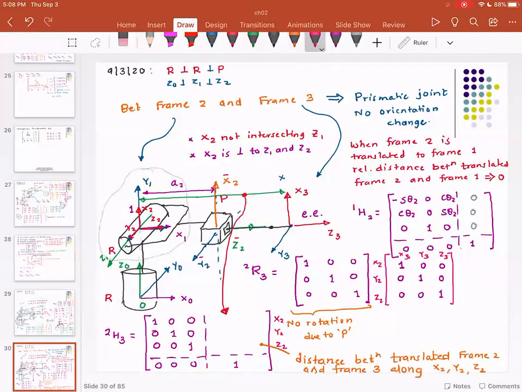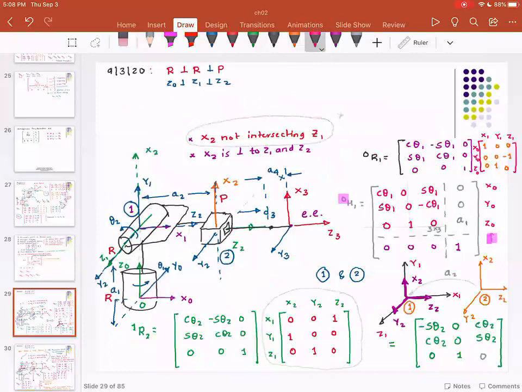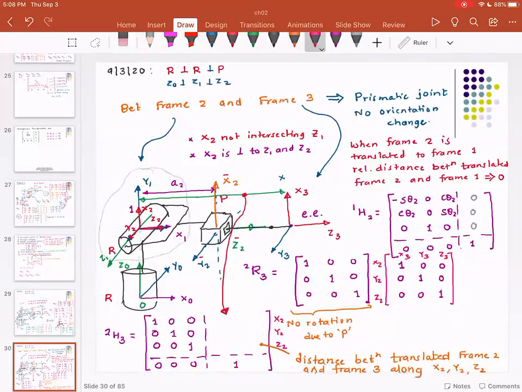Now let's take a look at it. Let's specify this distance as a4.